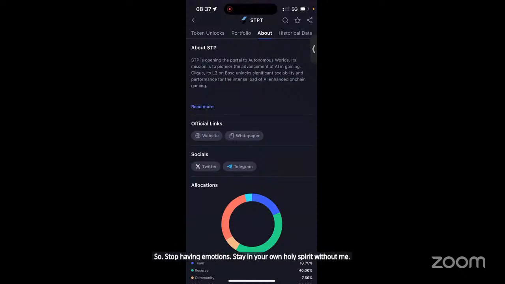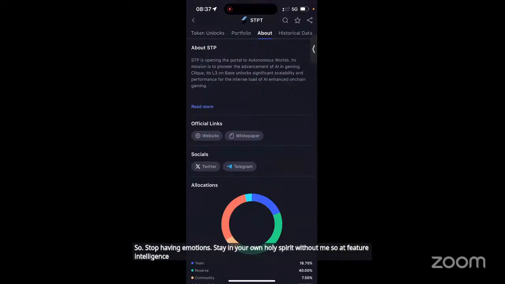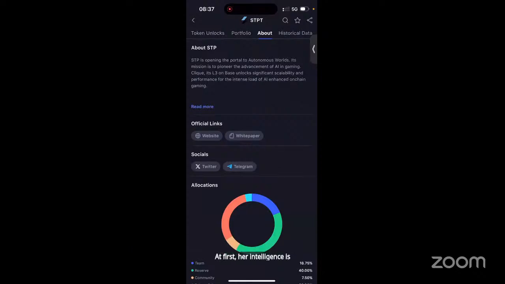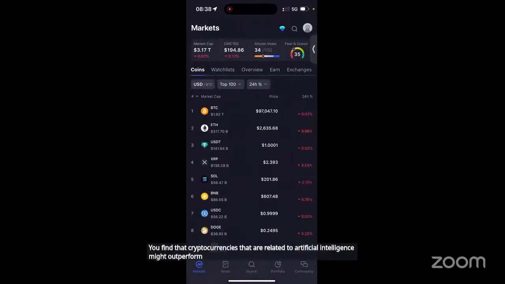So artificial intelligence is taking the world by storm. And because it is taking the world by storm, you find that cryptocurrencies that are related to artificial intelligence might outperform other cryptocurrencies.